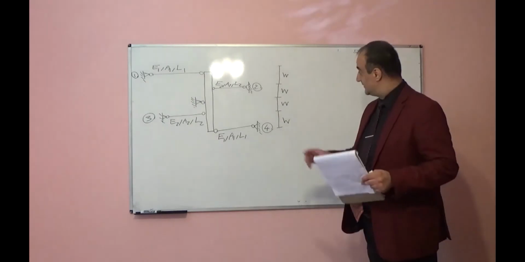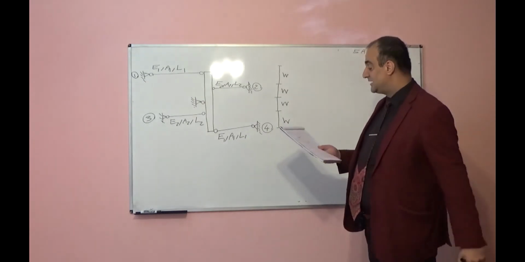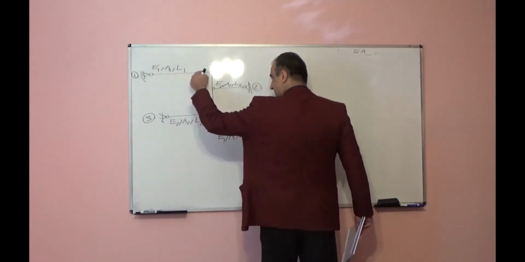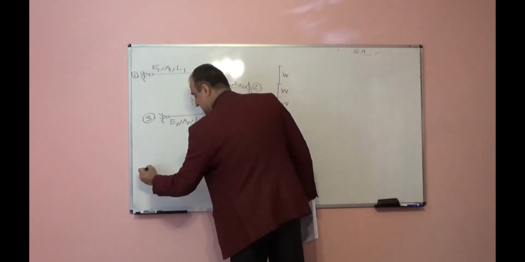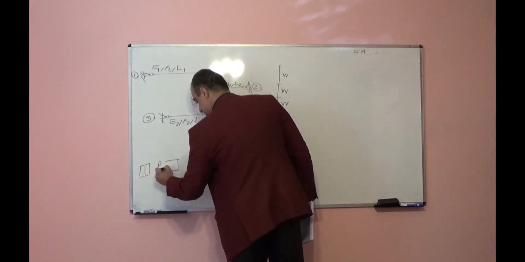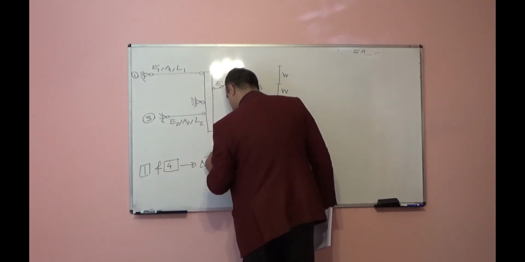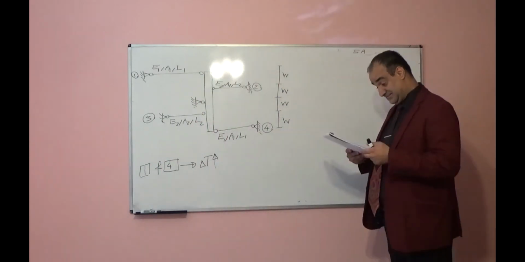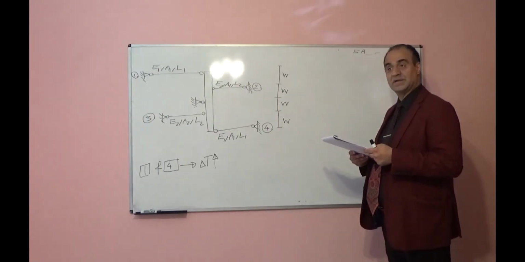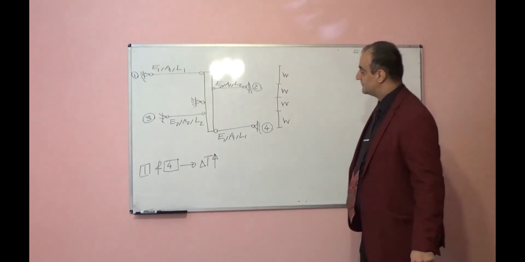And we have this system, and you see this spacing in vertical direction is W. We increase temperature in rod number 1 and 4, by delta T. We want to find internal force in these bars after increasing the temperature.